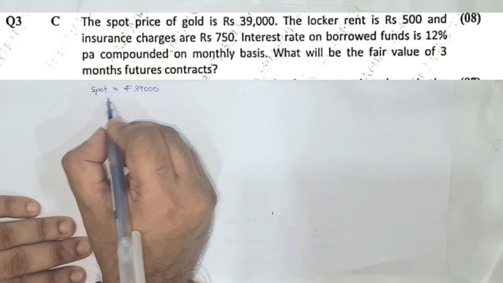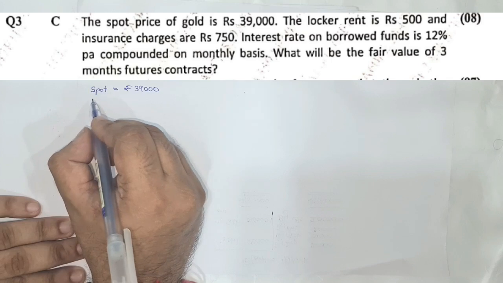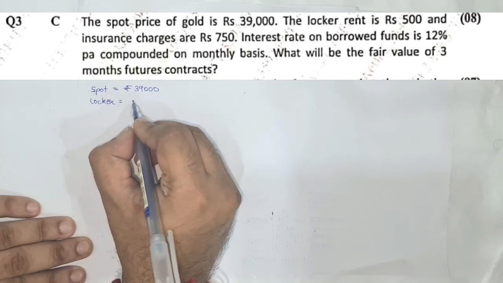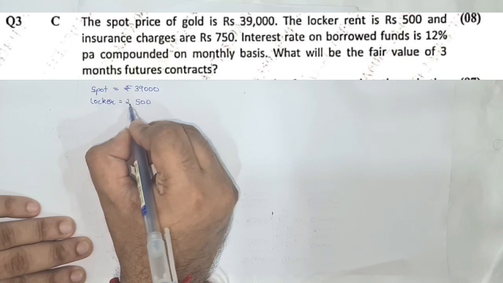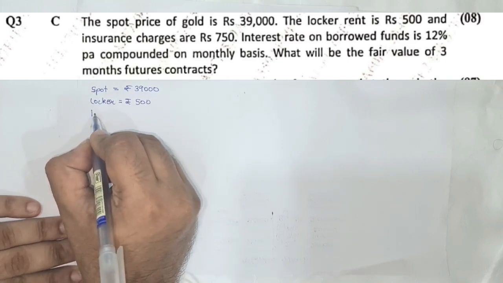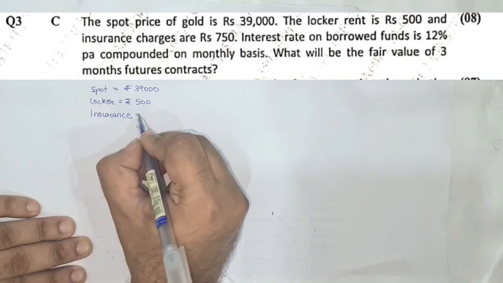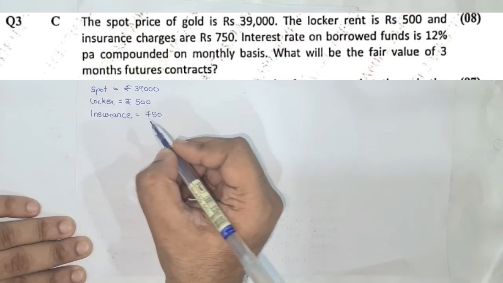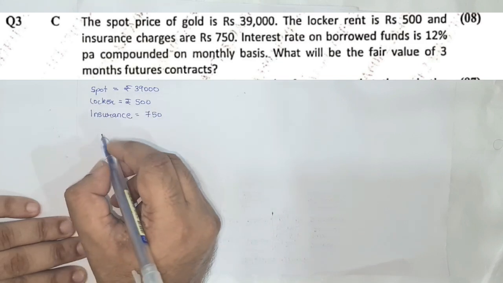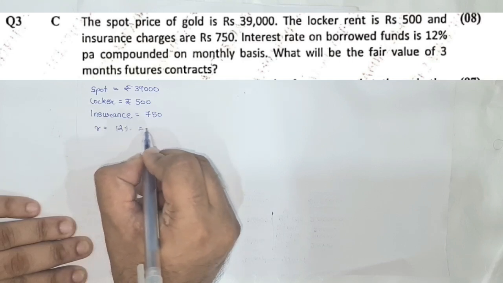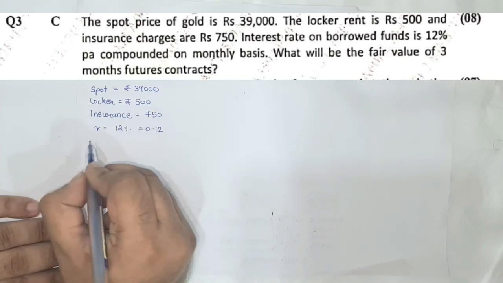Along with that they're giving you the locker rent, which is rupees 500. They have given us insurance charges, which is 750. They're giving you the interest rate, so rate is equal to 12%, which is nothing but 0.12.